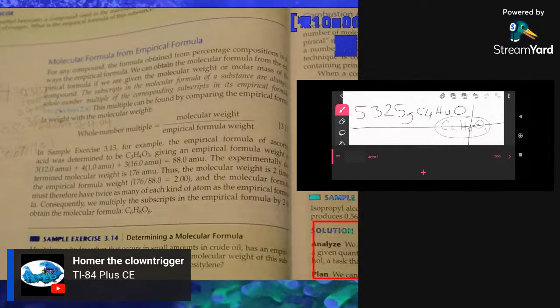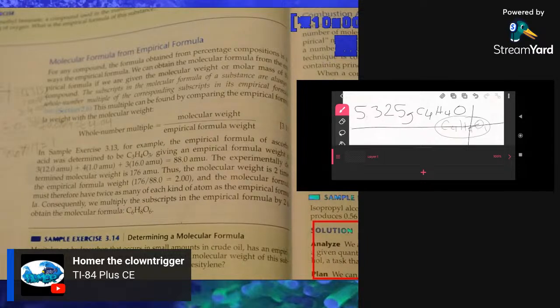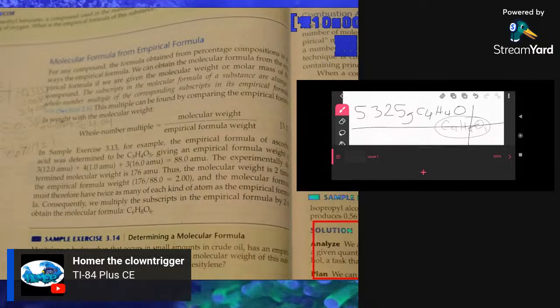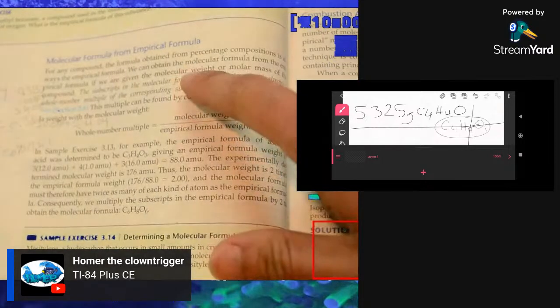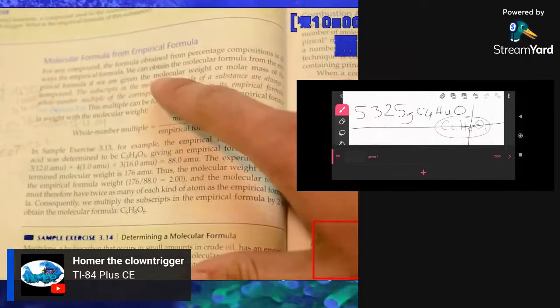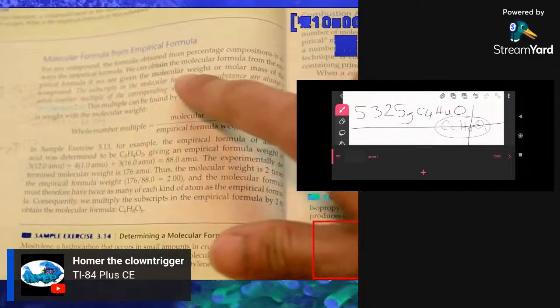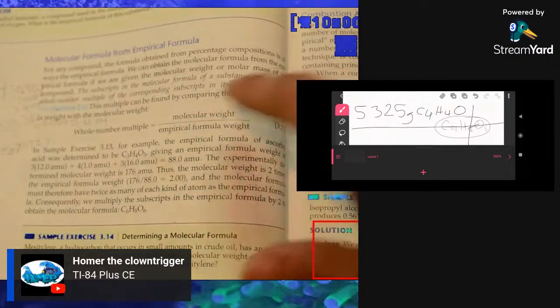All right, there you go. So, molecular formula from empirical formula. For any compound, a formula derived from percentage composition is always an empirical formula. We can obtain the molecular formula from the empirical formula if we are given the molecular weight or molar mass of the compound.